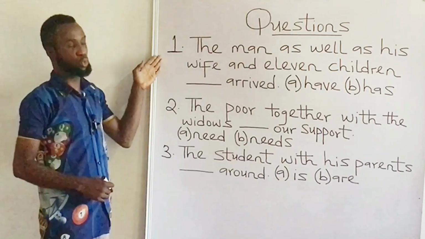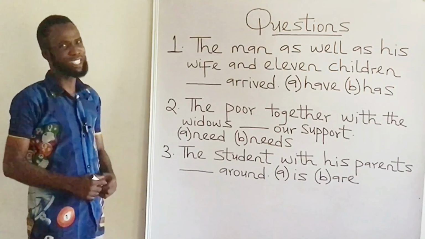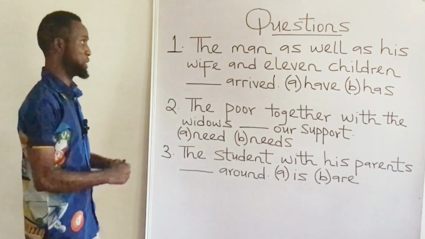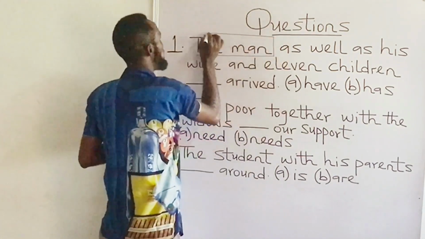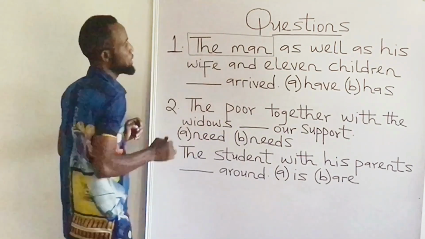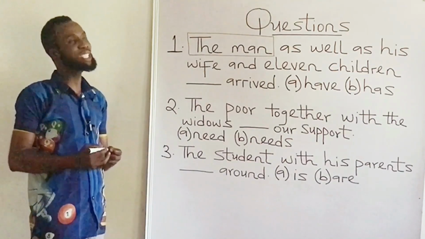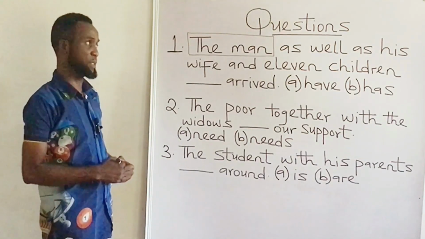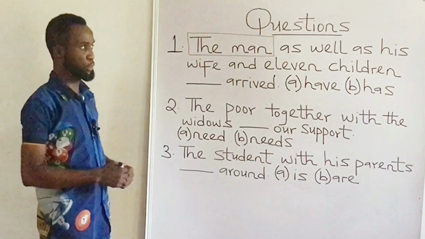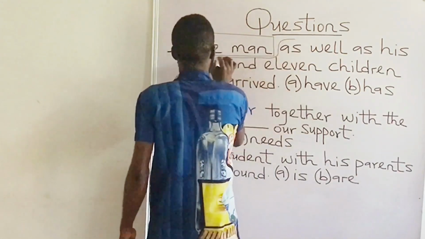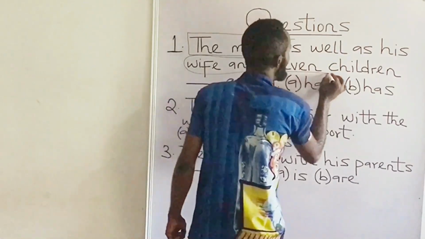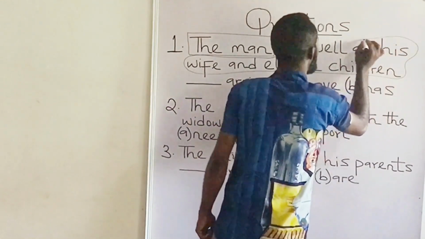If you look at this question, you will find out that there is a subject, and the subject is the man. This subject is accompanied by a prepositional phrase, and the prepositional phrase is as well as his wife and 11 children.